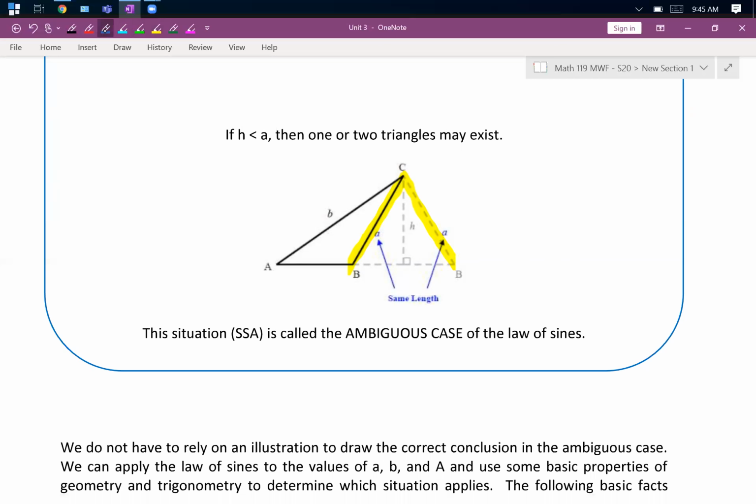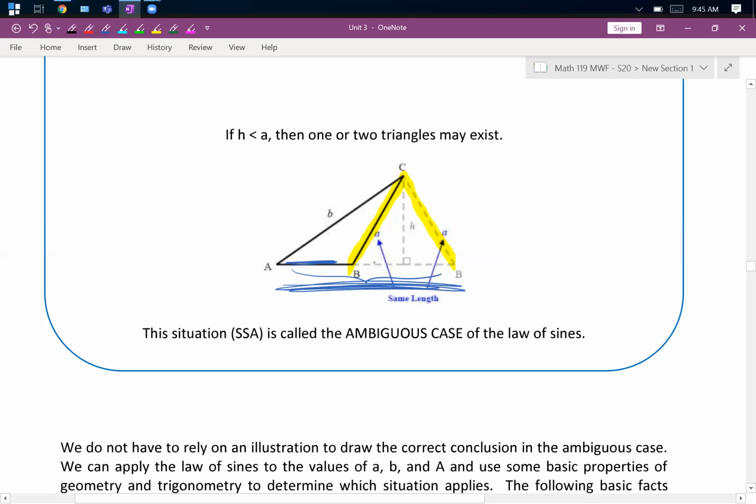And the reason we're open to swinging to 2 different positions has to do with the fact that we don't know this side. We only know sides a and b. So side c, we're not sure what the length is, so it could be this little triangle, or it could be this big triangle here.